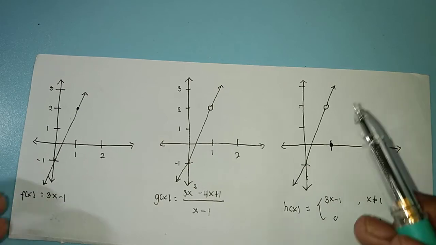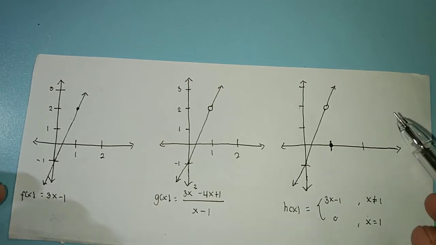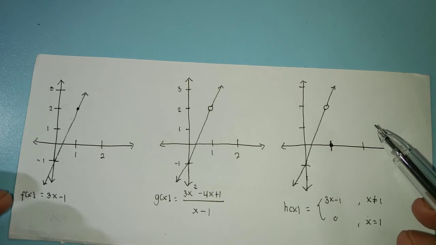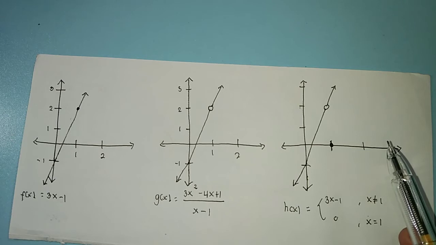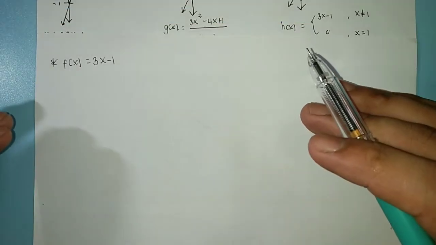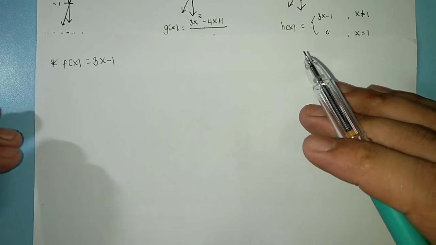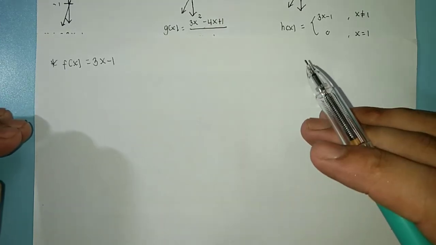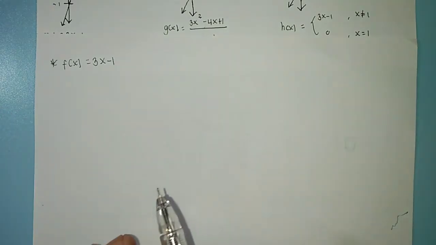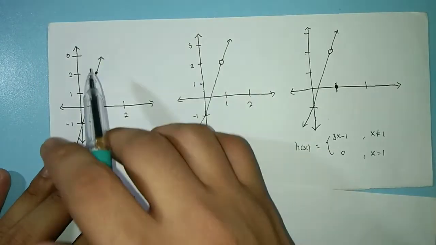Okay? So, para maintindihan natin yung concept ng limit, iisa-isahin nating obserbahan yung behavior ng bawat graph ng given function natin. Let's start with f of x equals 3x minus 1. So, ang gagawin natin, obserbahan natin yung mga values ng x na nag-a-approach sa x equals 1 since doon sila nagkakaiba.